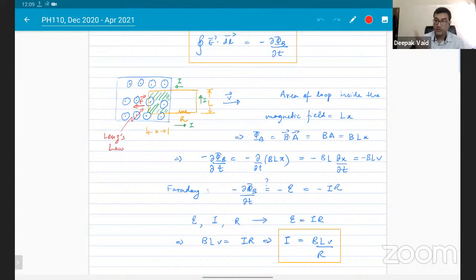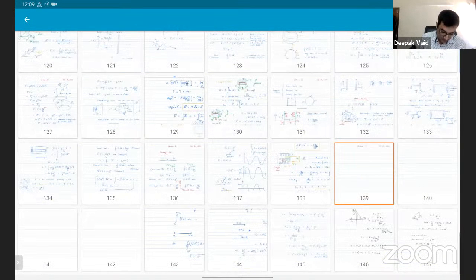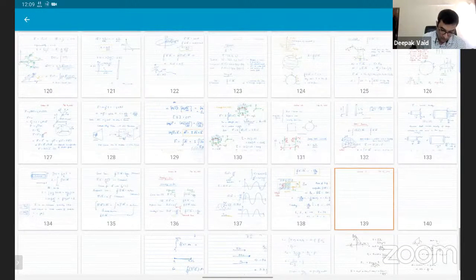Ampere's law says that if you have a current in the perpendicular direction, then that creates a circulating magnetic field in the plane perpendicular to that current. So we have these laws, and I have talked about the differential form of both the laws.